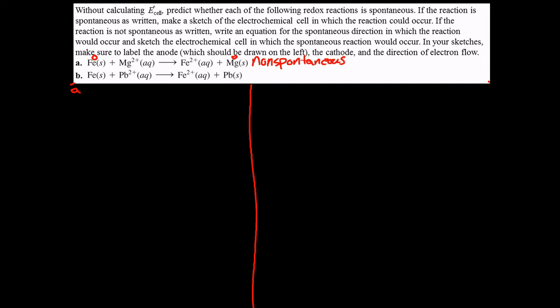The spontaneous version of this will be the opposite direction. So essentially these two will be our reactants, and these will be our products. So we will have Fe2+ plus magnesium going to iron plus magnesium 2+. That is the spontaneous version of that reaction.